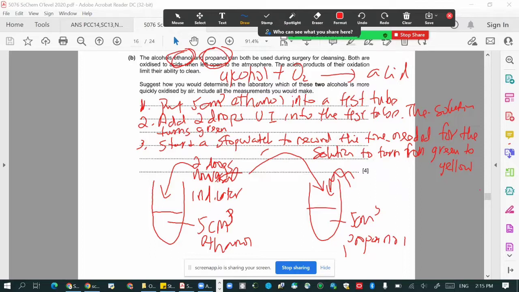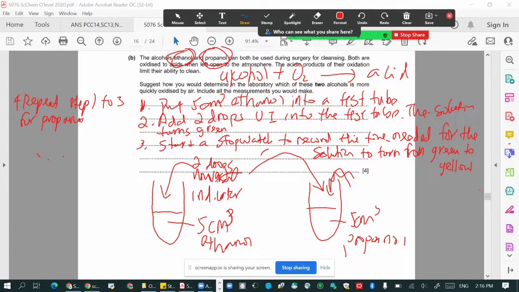Okay, not enough space. So this would be the test tube on the left hand side, which is the ethanol. Then you can just say repeat steps 1, 2, 3 for propanol.